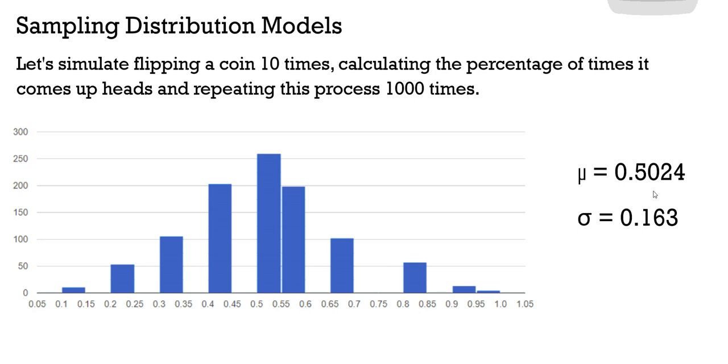And as we can see, this has a mean of just a little over 50% with a standard deviation of 0.163. Not surprising, right? We're doing a coin toss. It's a 50-50 chance. Not surprising that our mean is around 50%.